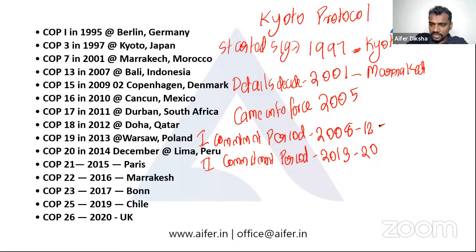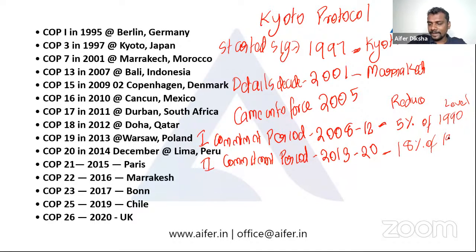Within the first commitment period, the countries have to reduce greenhouse gases by 5% of the 1990 level. In the second commitment period, the countries which are a part of that have to reduce by 18% of the 1990 level.